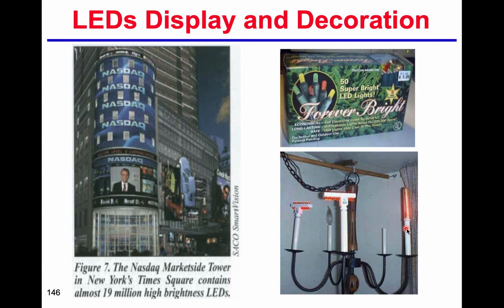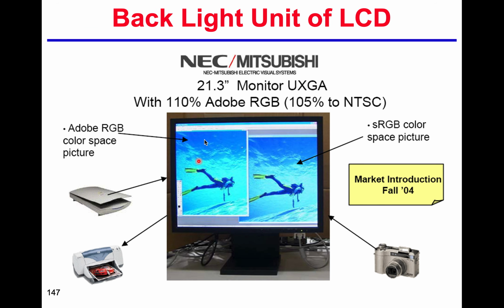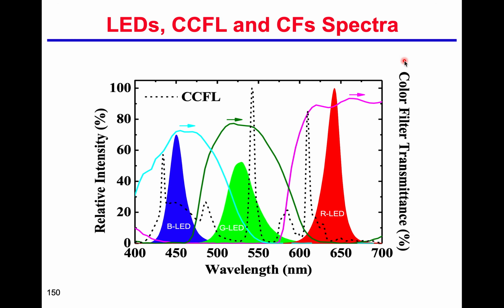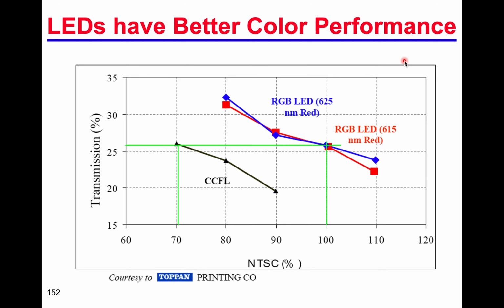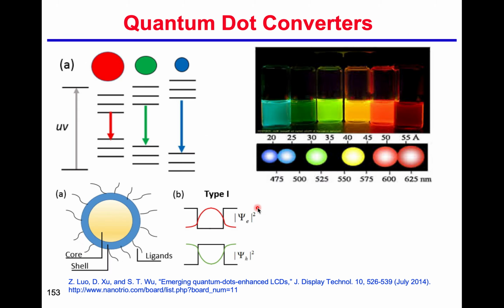Okay, so let's see the applications, and you can see outdoor lots of LED displays, and we just mentioned the backlight unit of LCD, which can provide much better color gamut compared to the conventional CCFL, cold-cathode fluorescent lamp.